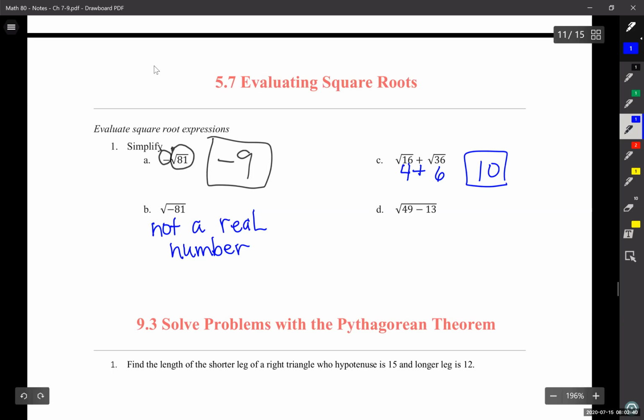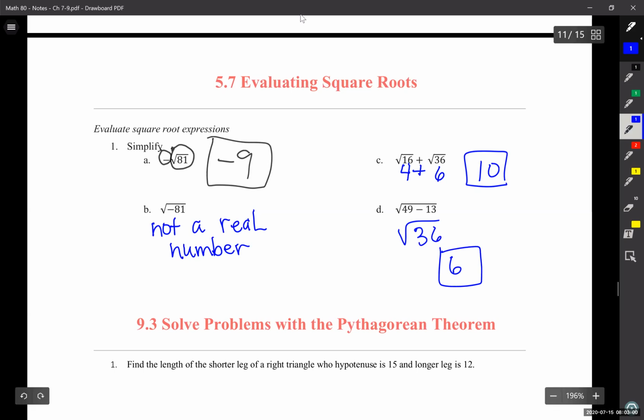Whereas part D, inside the grouping symbols, I have the 49 minus 13. So I can't do the square root yet. I'm going to do 49 minus 13, which is 36.